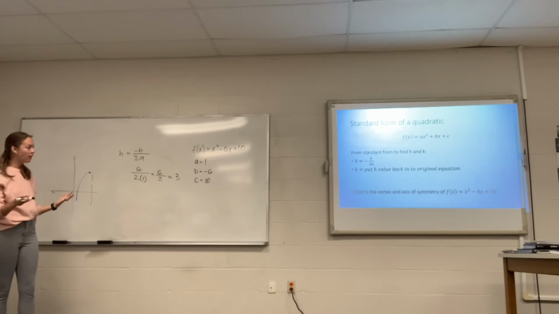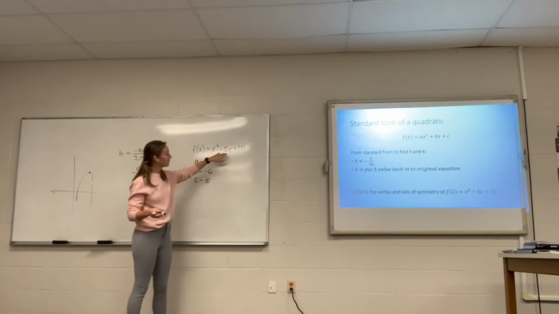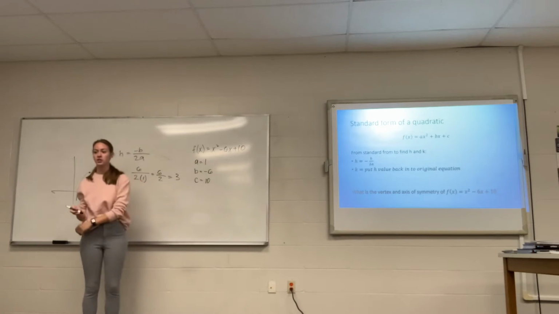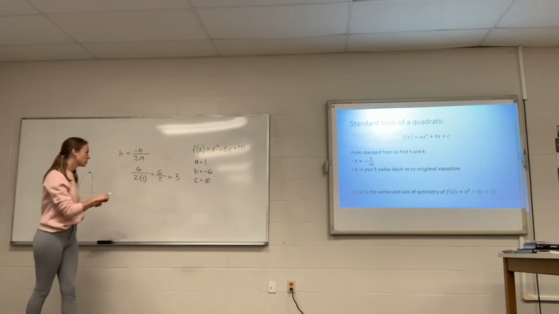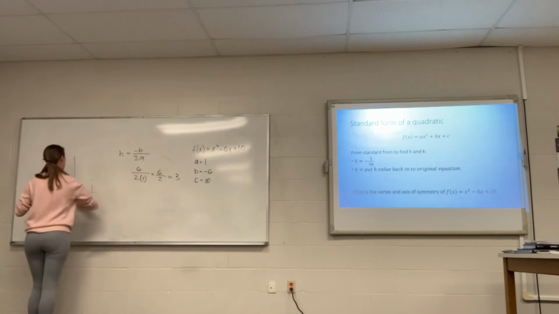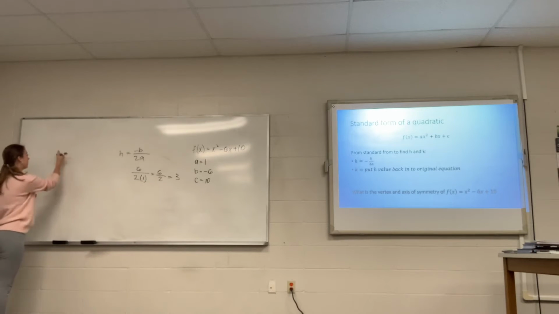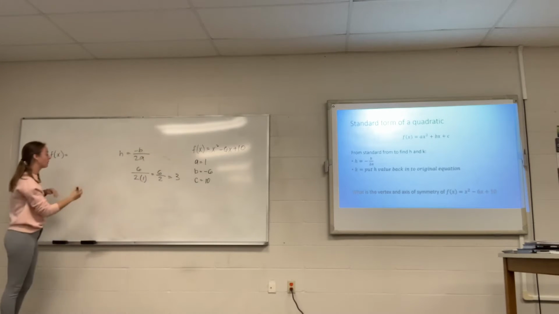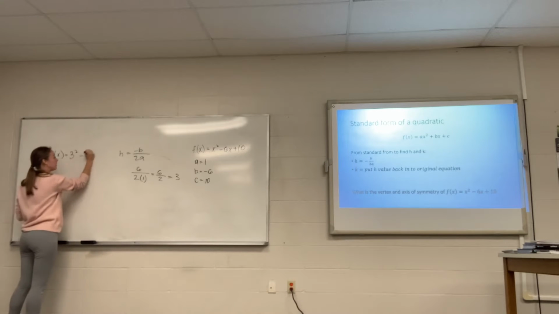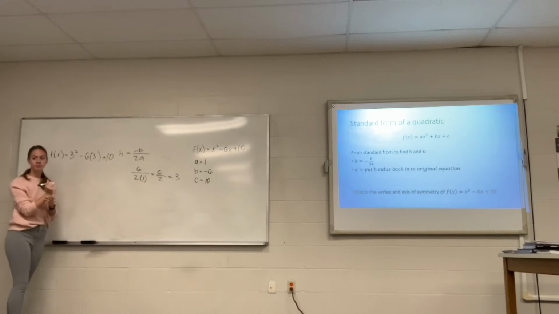Now to find the y coordinate, I can take this number I just found and plug it in for the x's in my original equation, and that's going to give me the y coordinate, so then I would have my vertex. So f of x is equal to 3 squared minus 6 times 3 plus 10.